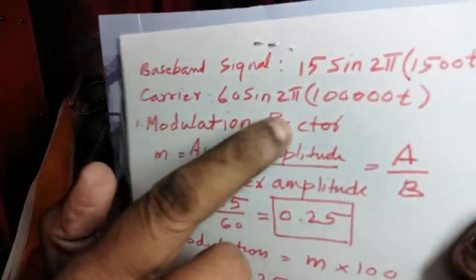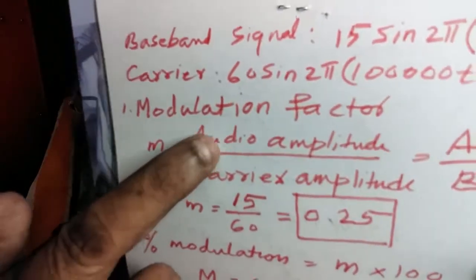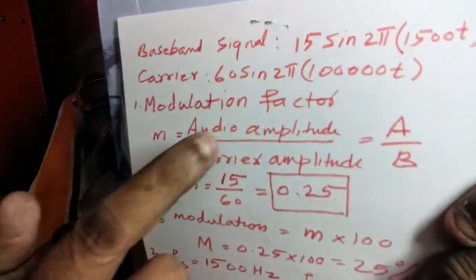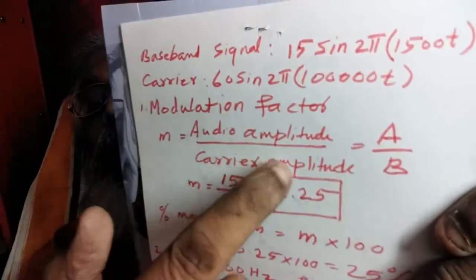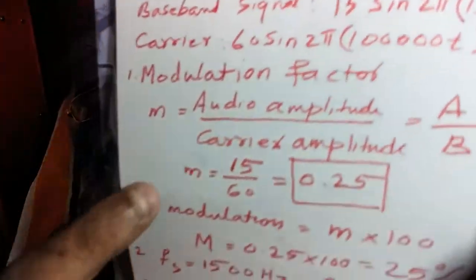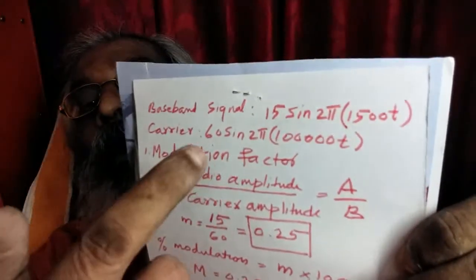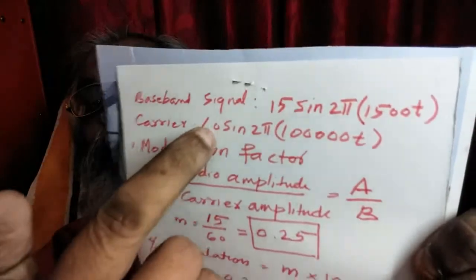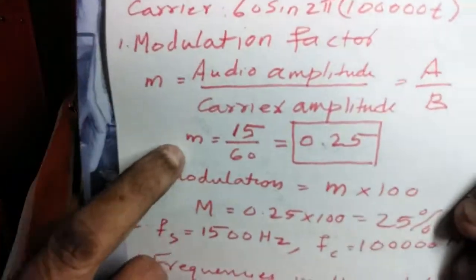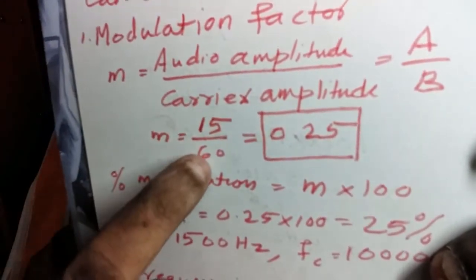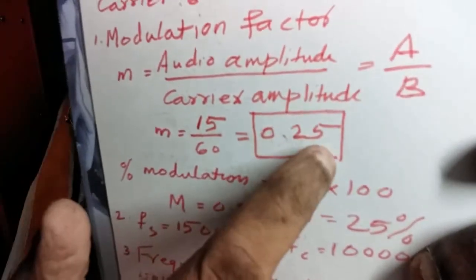The modulation index is the amplitude of the modulating signal divided by the amplitude of the carrier, or audio amplitude by carrier amplitude. Here audio amplitude is 15 and carrier amplitude is 60. So modulation factor m equals 15 by 60, that is 0.25.